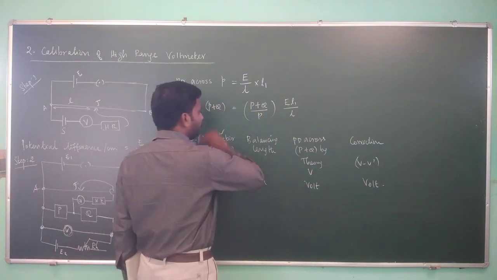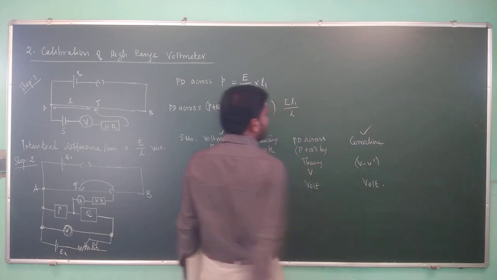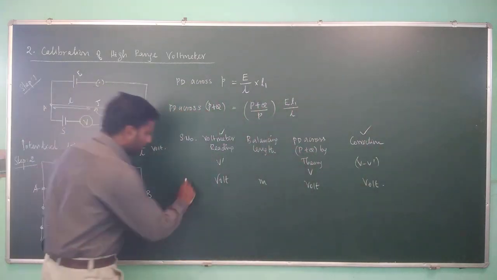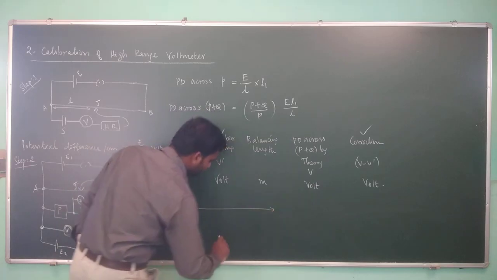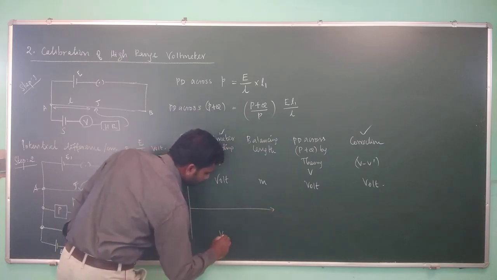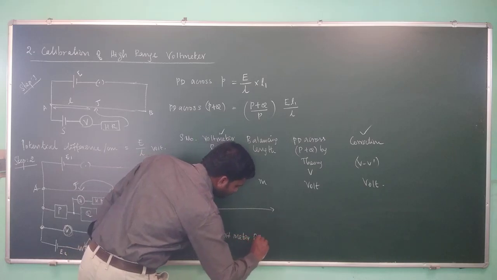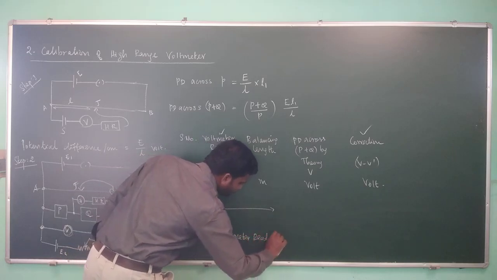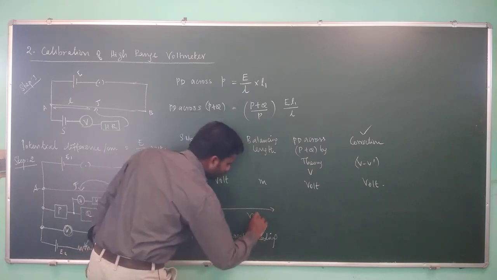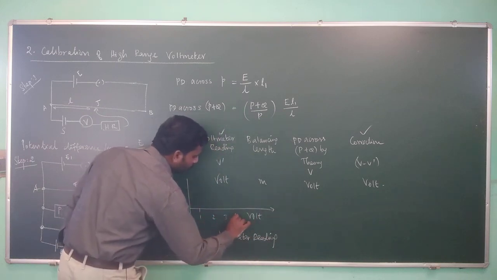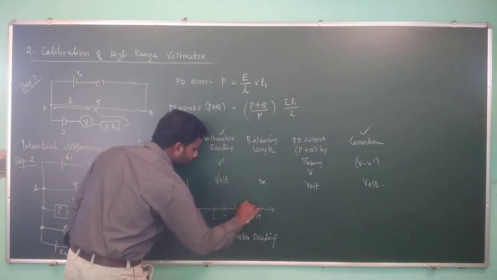And between the voltmeter reading V prime and the correction, we can draw the graph as usual. How to draw the graph? This x-axis will be the voltmeter reading, in volt. It may start from 1 volt, 2 volt, 3 volt, 4 volt, 5 volt, and so on.